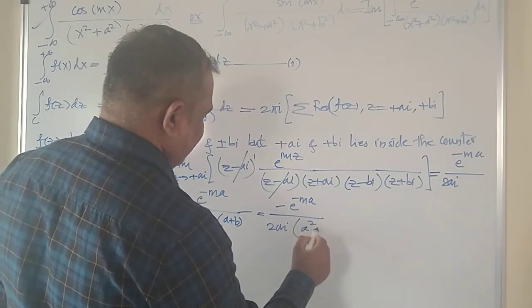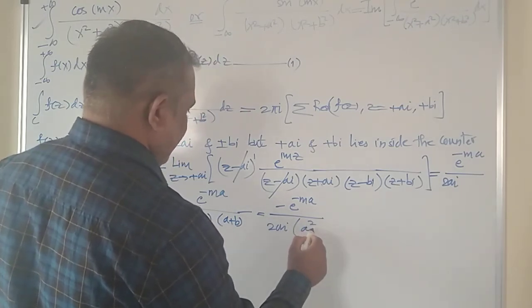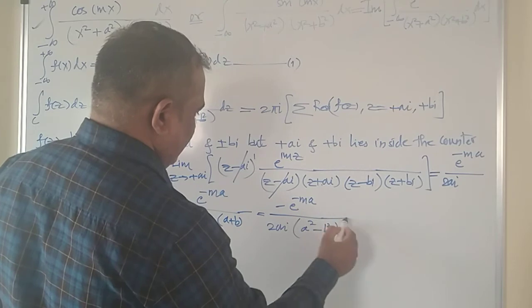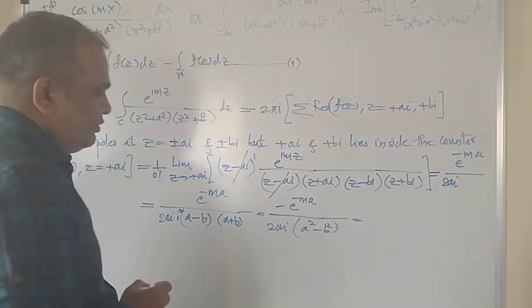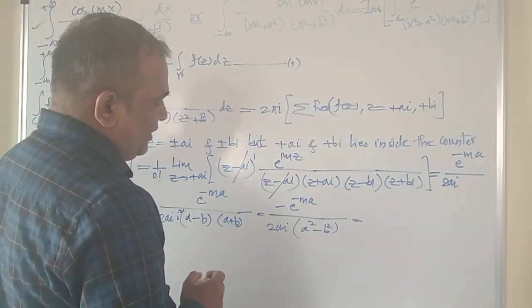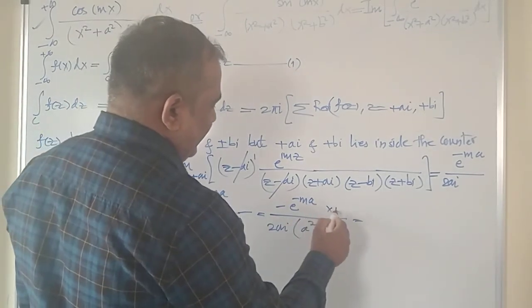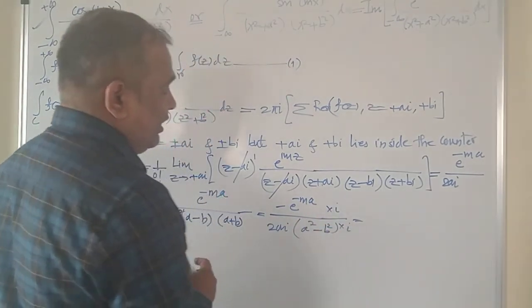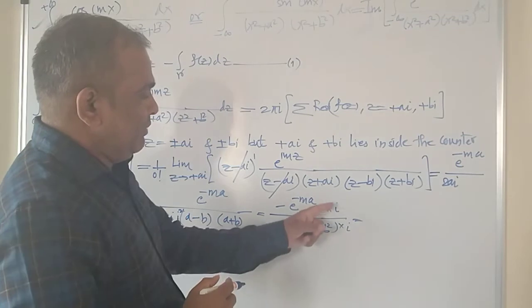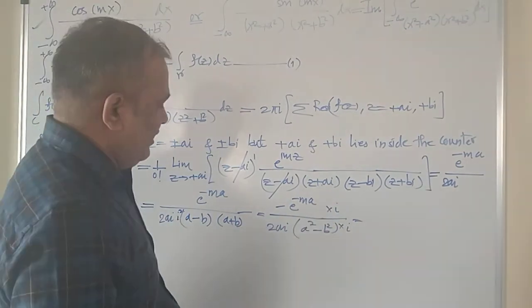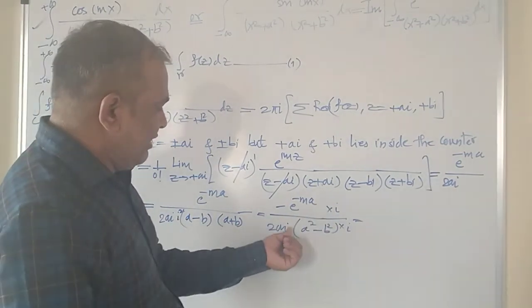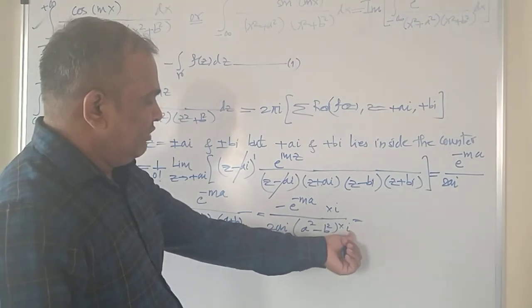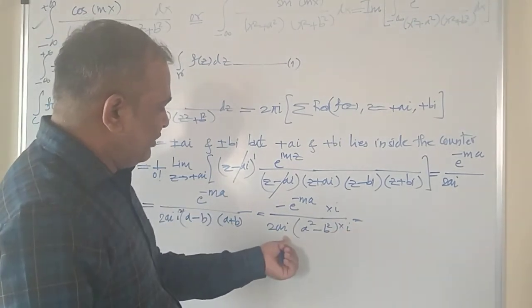and this (a minus b)(a plus b) I can write as a squared minus b squared, right? This is equals to, for more simplicity, multiply and divide by i, so that at the denominator you are having this i and this i, which gives you i squared. i squared is equals to minus 1.